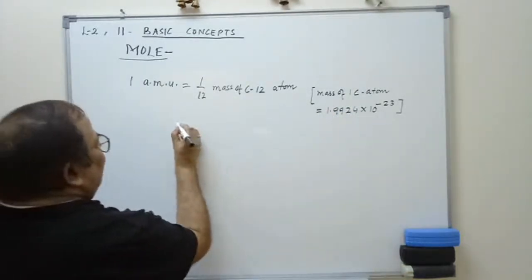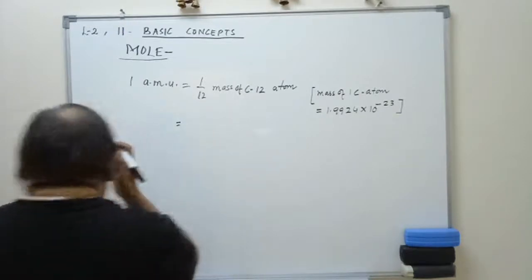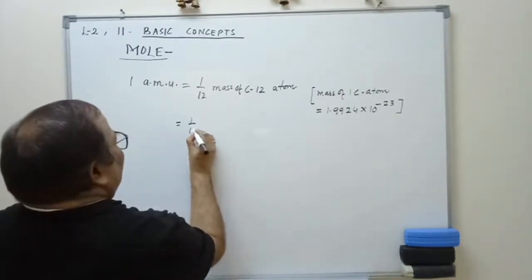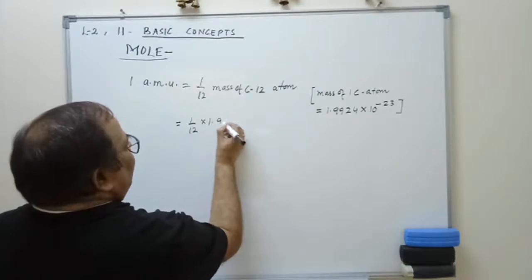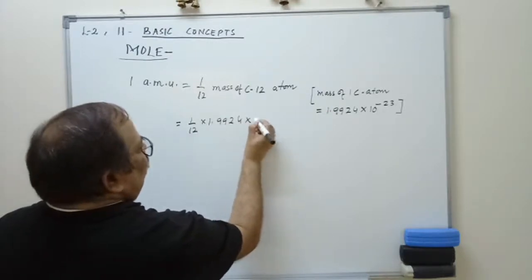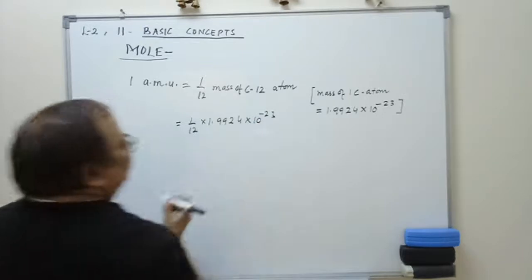Now you can write what? 1 by 12 into 1.9924 into 10 to power minus 23.